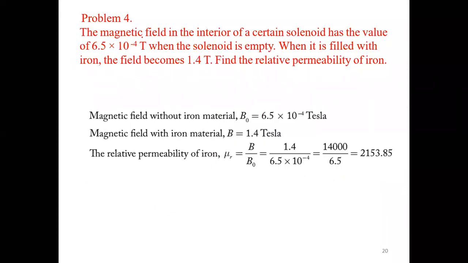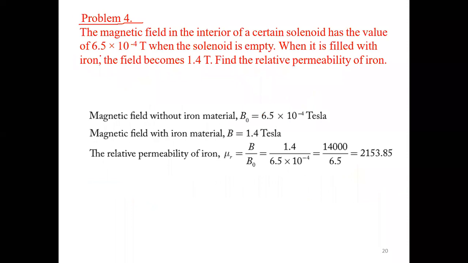Okay, so problem number 4. The magnetic field in the interior of a certain solenoid. You know the solenoid. A solenoid is a wire wound, and current is passing through the wire.